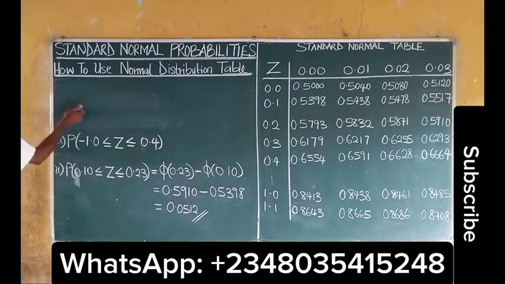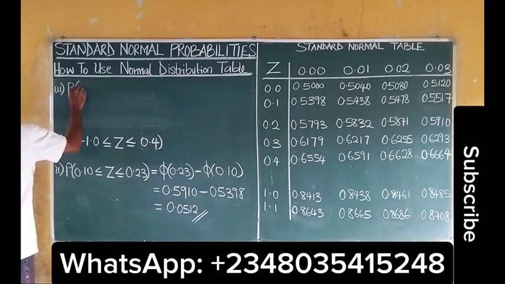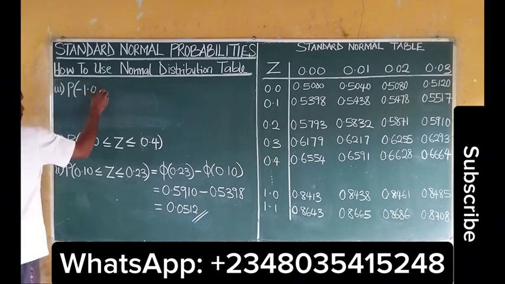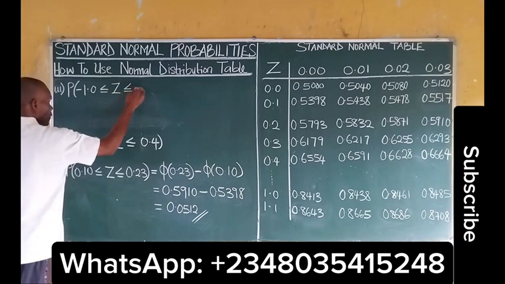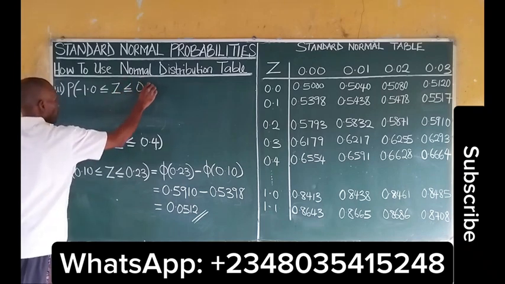We have to compute the probability that negative 1.0 is less than or equal to Z, which is less than or equal to 0.4.